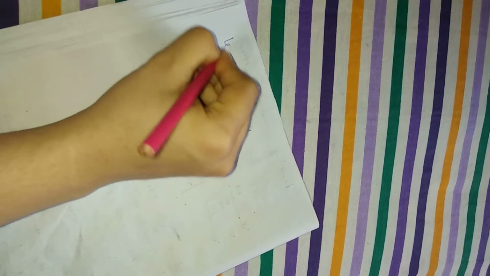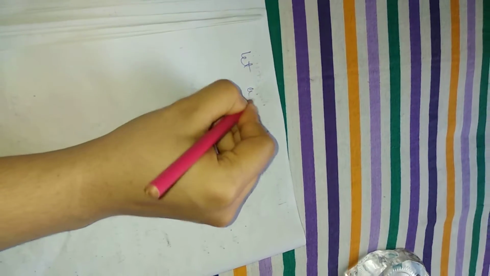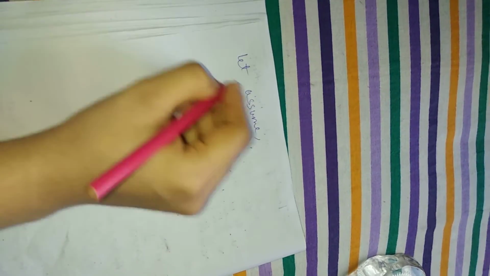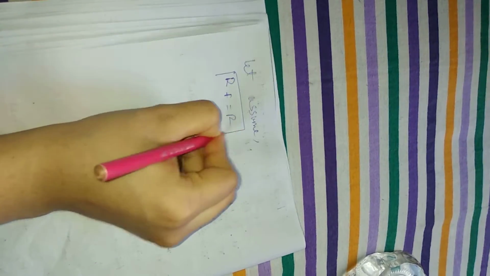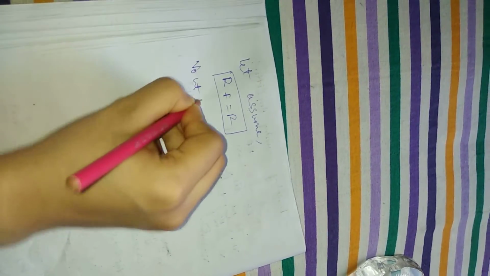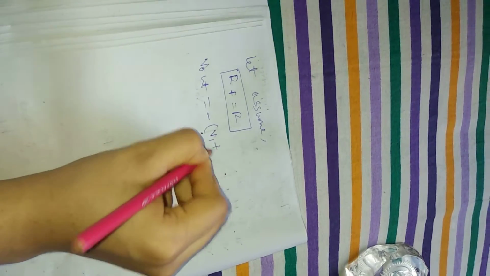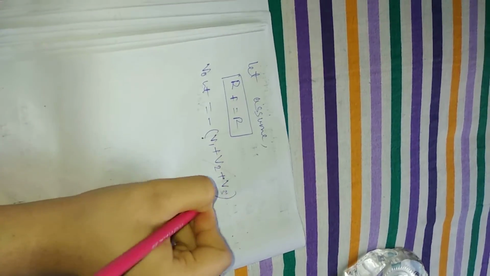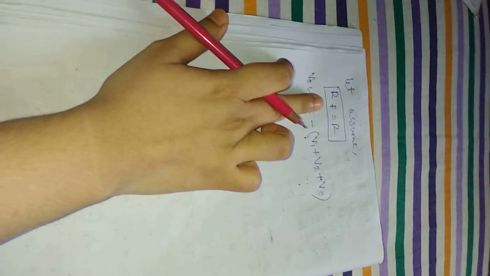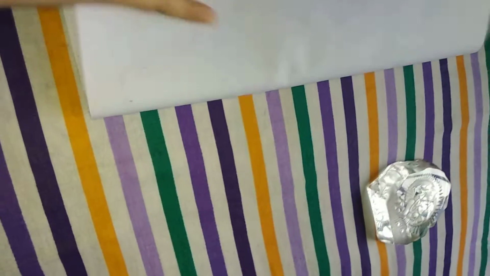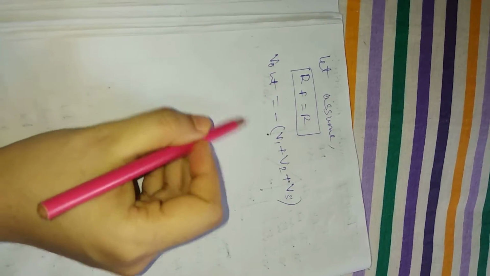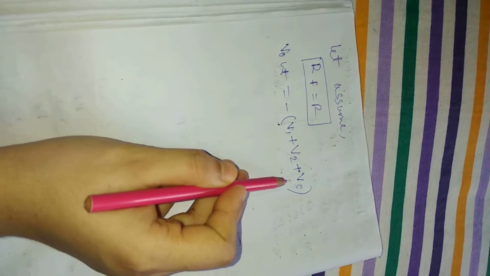So let's assume again that RF is equal to R. Now V out is equal to minus (V1 plus V2 plus V3), because if RF is equal to R, we eliminate both R's, and V out is equal to minus (V1 plus V2 plus V3).